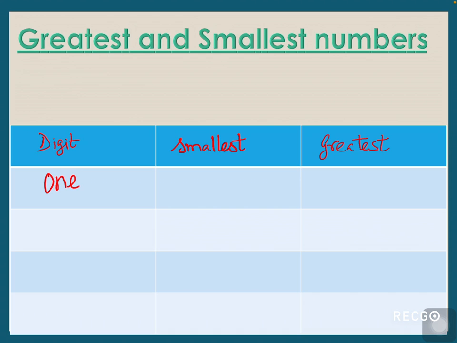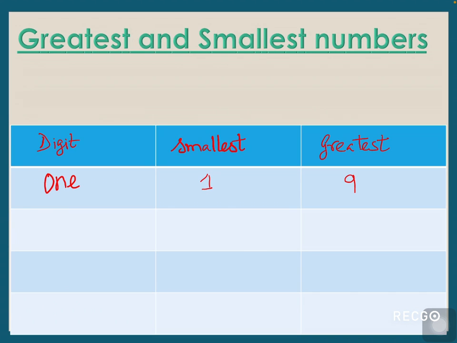Because after 9 starts 2 digit numbers, right? 10 has 2 digits. It is not a single digit number. And 9 is the predecessor of 10, and 10 is the successor of 9 that we learned in the previous video. So as I told you, 1 digit number, smallest number is 1, right? And this single digit number ends at 9, because after 9 starts 2 digit number, that means 10.